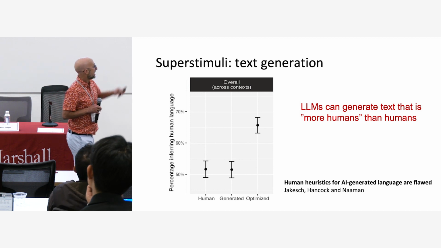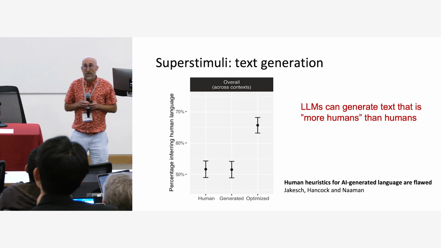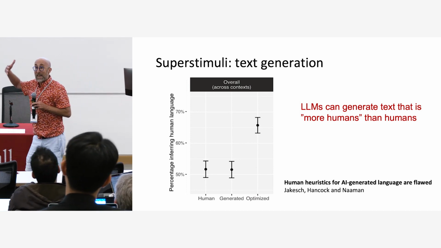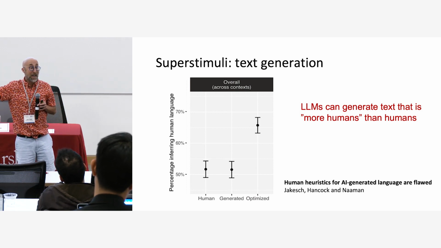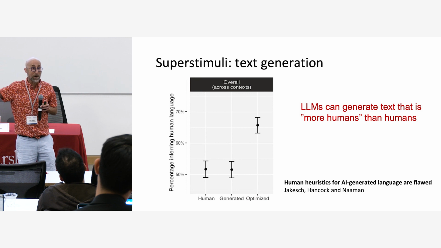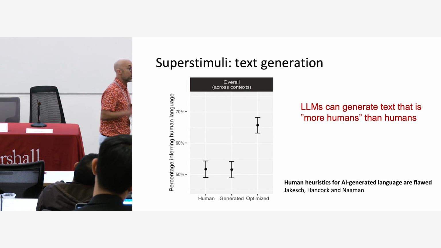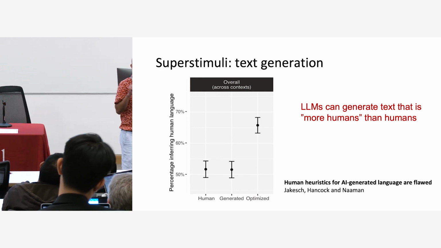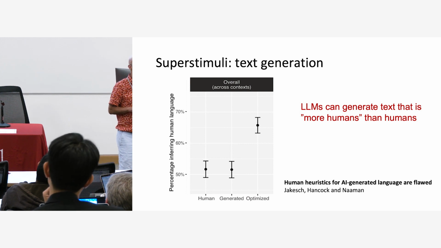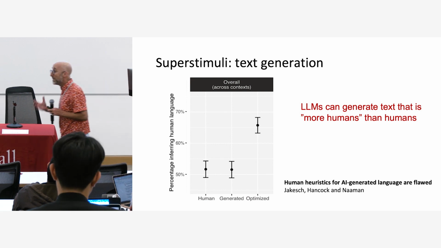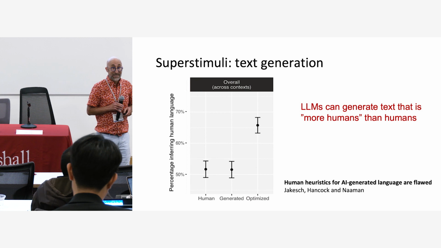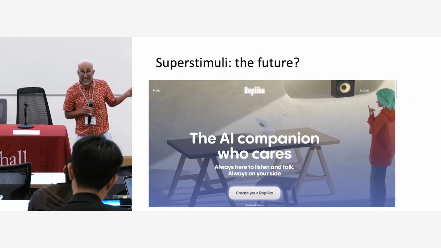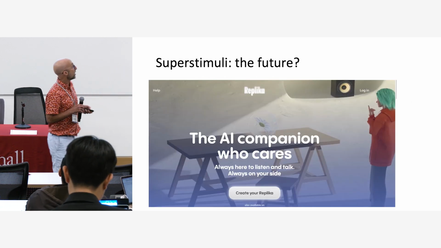But a group at Stanford, really cool, found that if you then optimize the AI to generate more human-like text, you can have the large language model generate text that people rate as more human than text really generated by humans. Again, a super stimulus. It's more human than humans. This is a little bit scary. Yeah, sort of cool, isn't it? In your worst nightmare? I don't know.